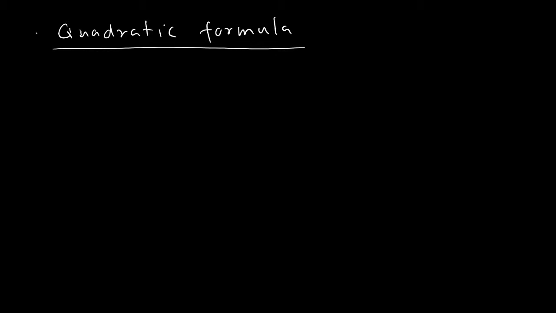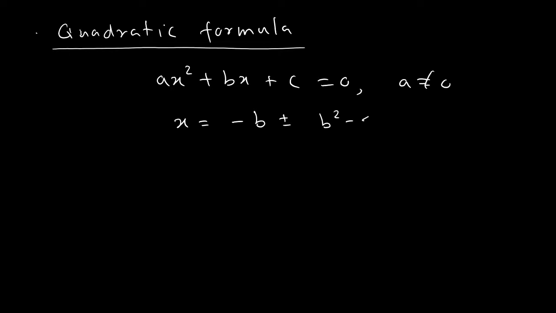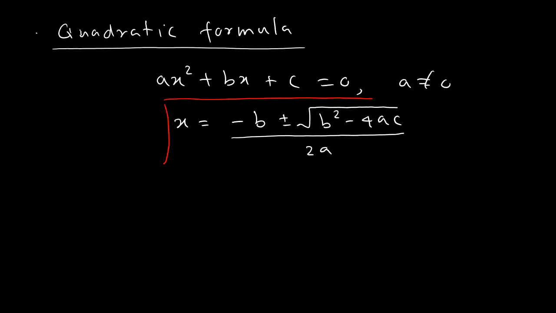When you have a problem like ax squared plus bx plus c equals 0, where a is not equal to 0, we can write the solution as x equals negative b plus or minus the square root of b squared minus 4ac, over 2a. So that is the quadratic formula. What we're going to do is just plug in for a, b, and c.